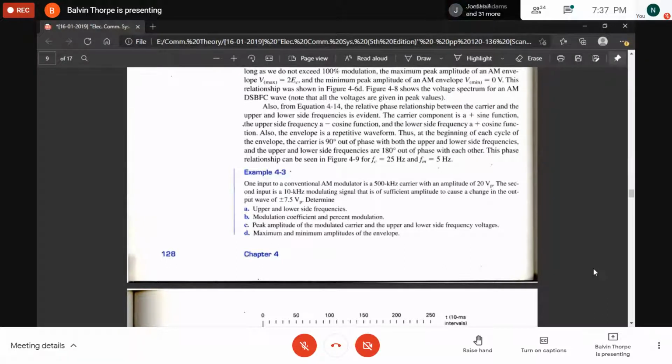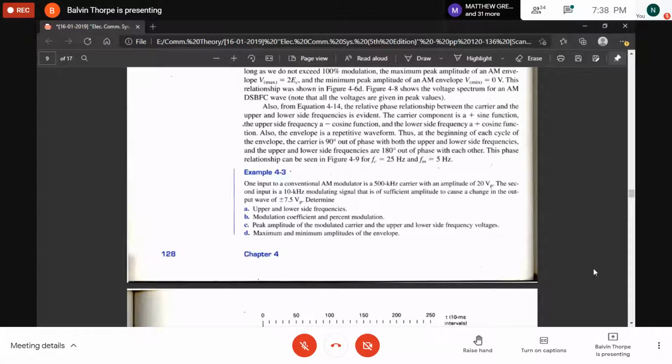What's the value of FC? 500K. And how about FM? 10K. So FC plus FM will give you 510K. That's the upper side frequency, upper side band.